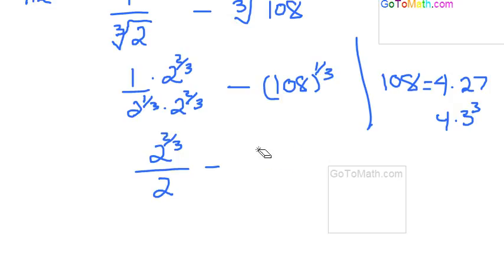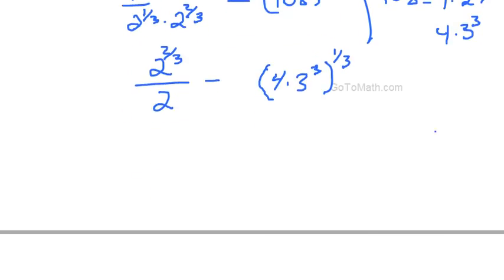So we got 4 times 3 cubed, all raised to the 1/3 power. So 3 times 1/3 is just 1, so we'll bring that 3 out front. And then of course we have 4 to the 1/3. There's nothing else we can do with that.